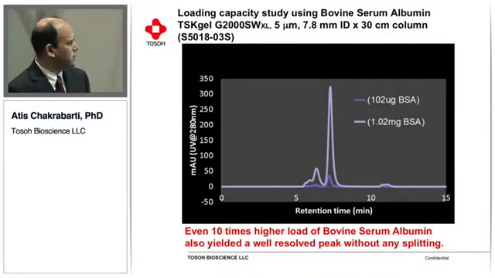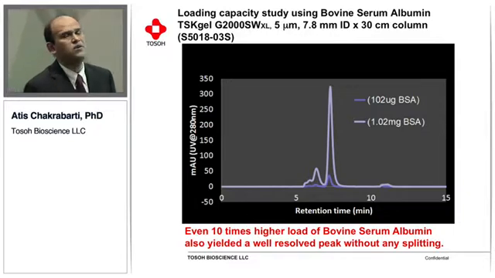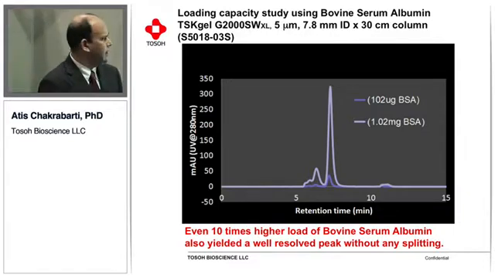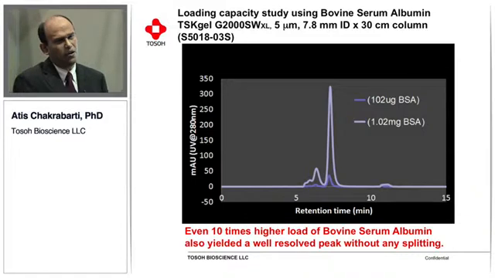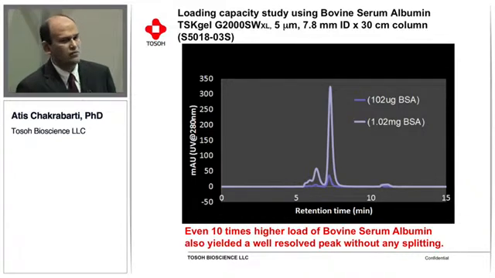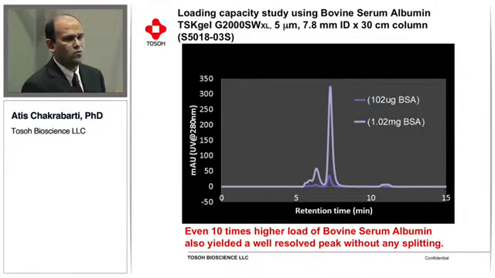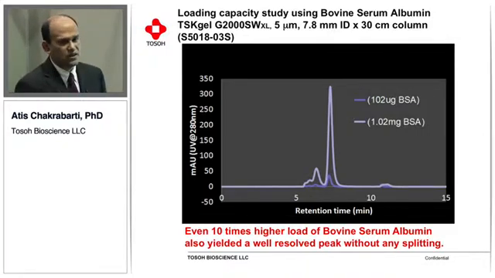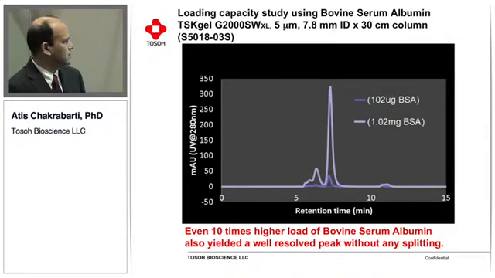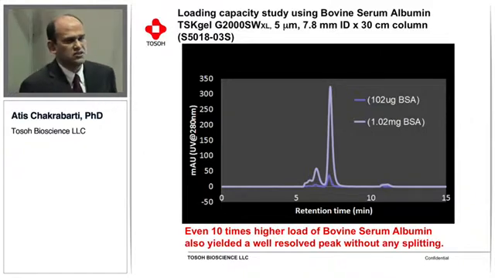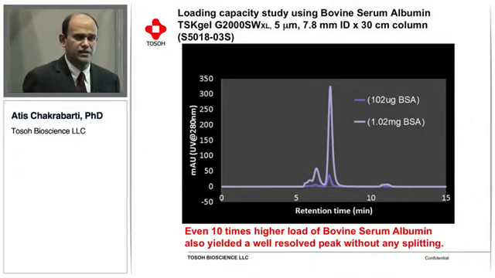And then I compared with 1.02 milligram of BSA, and even at that high load, anyway it's an analytical column and we are not going to load that much, but still, as you see, there is no problem separating the monomer peak from the dimer peak. It was giving very consistent results over many repeated injections using a tenfold higher load compared to the normal injection load we use in an analytical column.